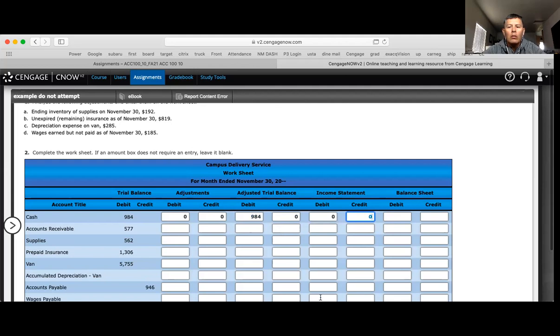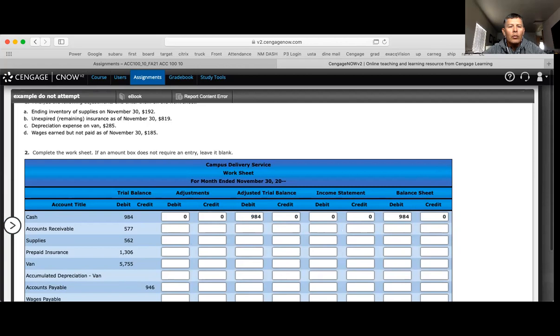Remember, cash does not go to the income statement. So we'll have a debit balance of 984 here. Then there's going to be no balance in here as well.